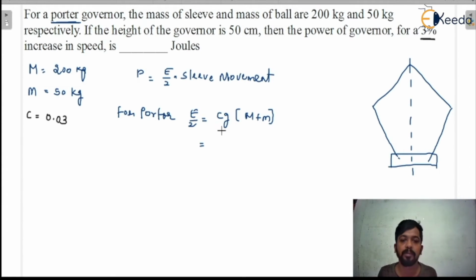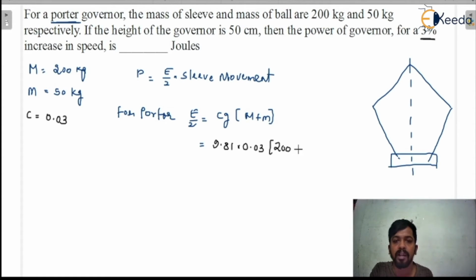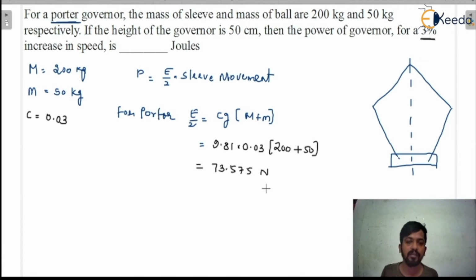G is not given, so I'm assuming 9.81. So 9.81 multiplied by 0.03 multiplied by (200 plus 50). Now when you calculate this using a calculator, you will get the value 73.575 Newton.